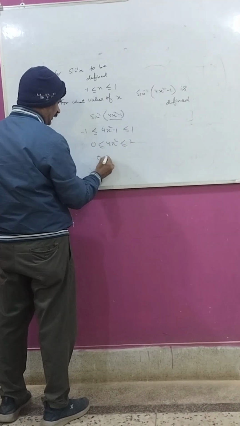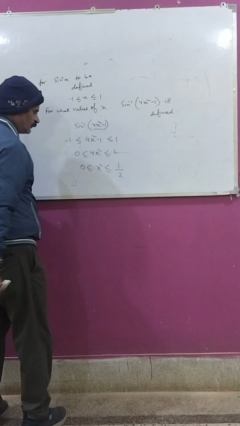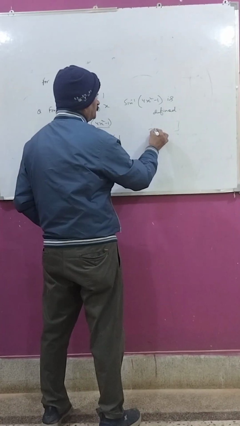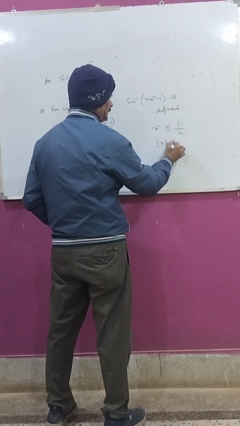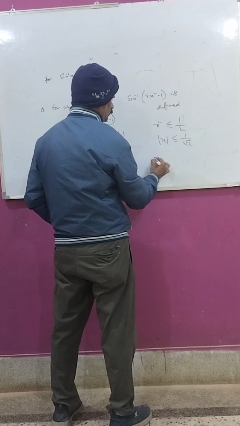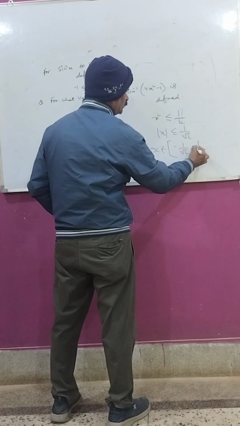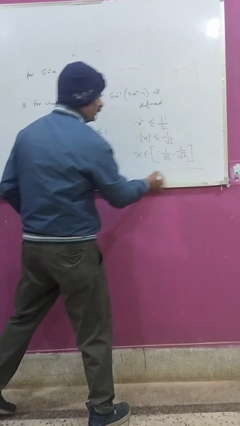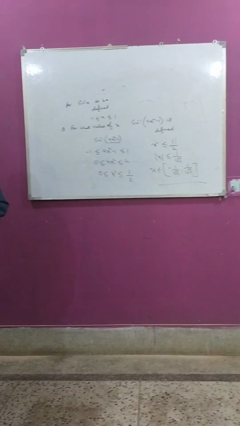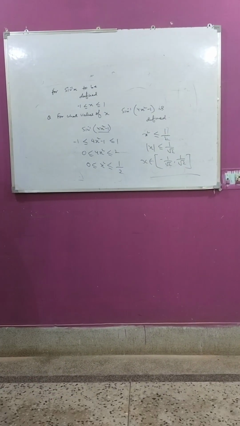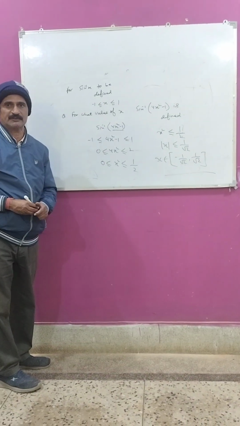If you divide by 2, x squared is less than or equal to 1 by 2, so mod x is less than or equal to 1 by 2. So the value of x will be between -1 by 2 and +1 by 2. This will be the domain for this function, or the values of x for which the function is defined. So this is the thing we have discussed here regarding the sin inverse function.